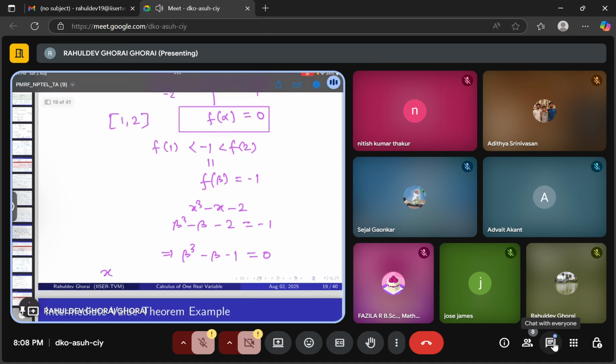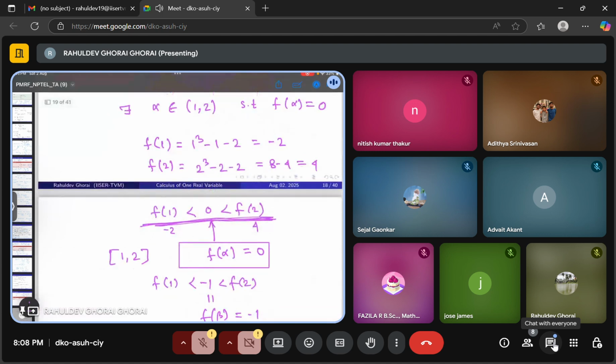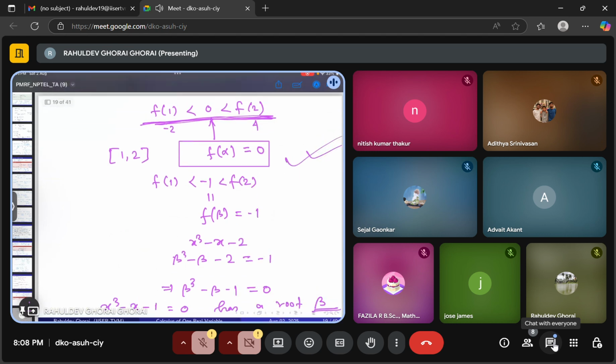So x cube minus x minus 1 also has a root beta. Right. So the question was not this. I did up to this, but the answer to the question was up to the previous step. Can all of you understand? Was it okay?